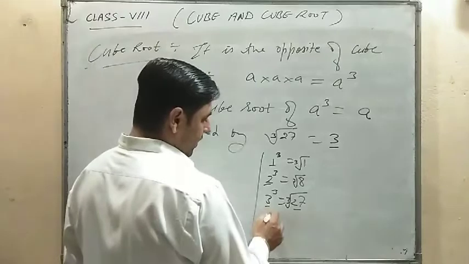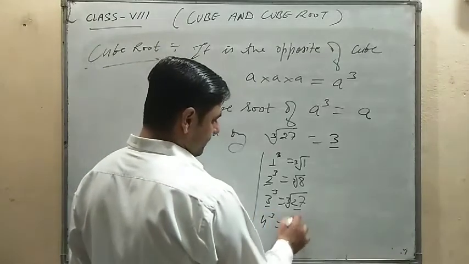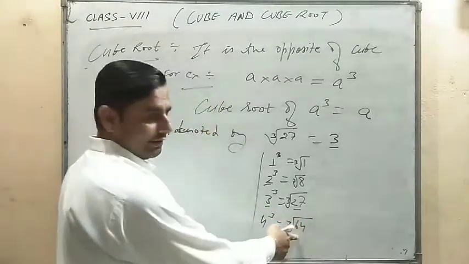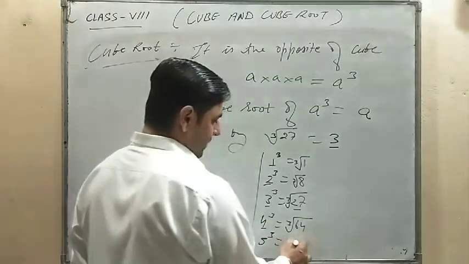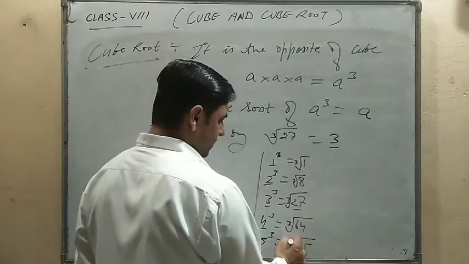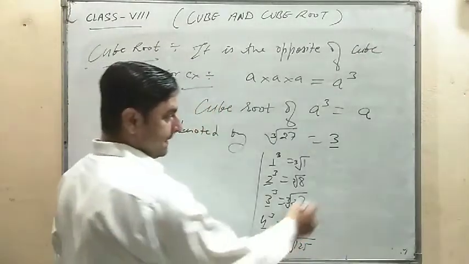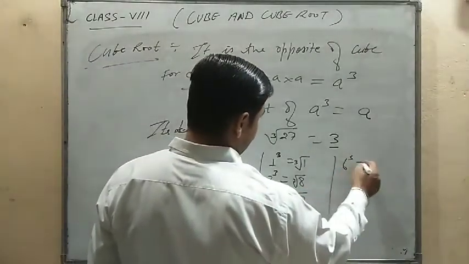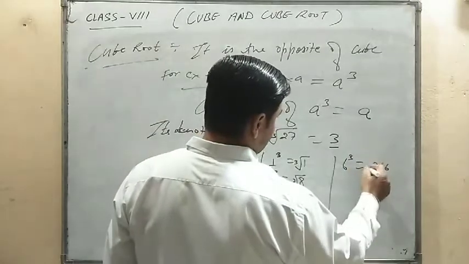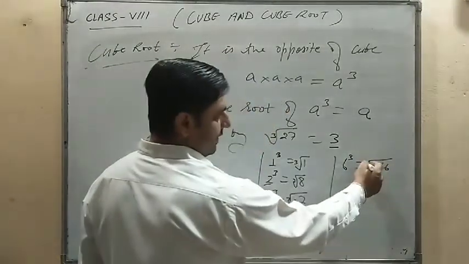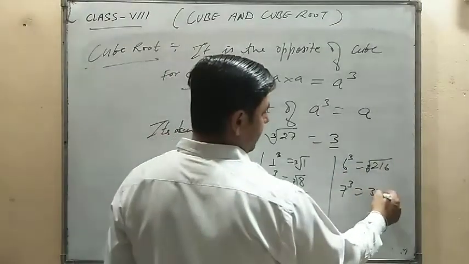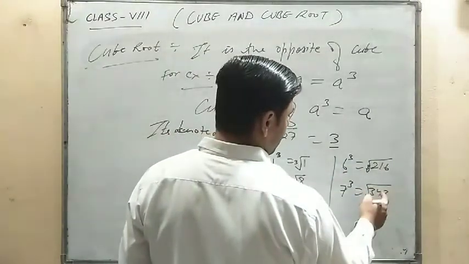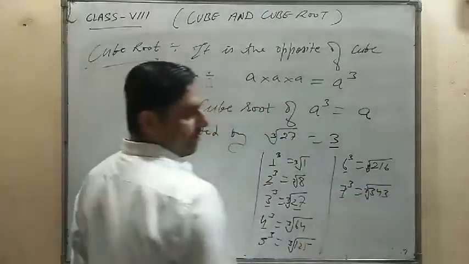And 4 cube is equal to 64, so the cube root of 64 is 4. 5 cube is equal to 125, so the cube root of 125 is 5. Same, 6 cube is equal to 216, so the cube root of 216 is 6. 7 cube is equal to 343, so the cube root of 343 is 7.